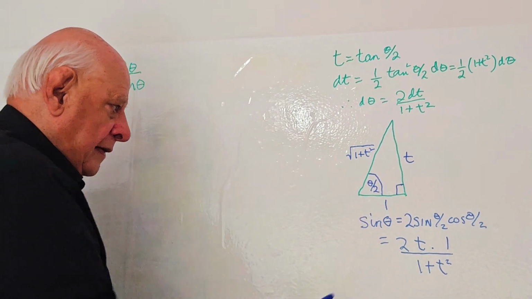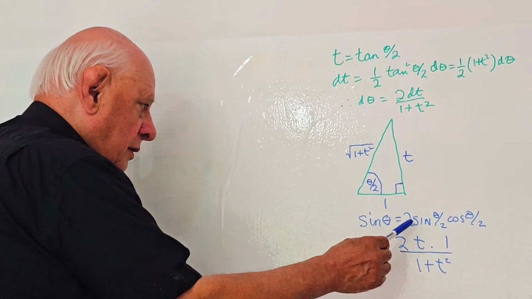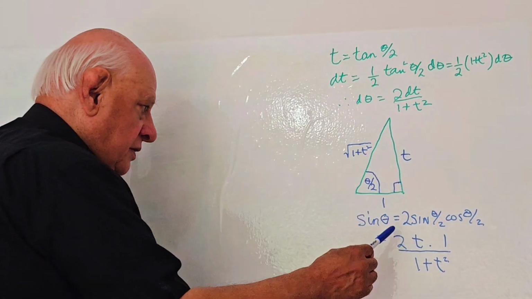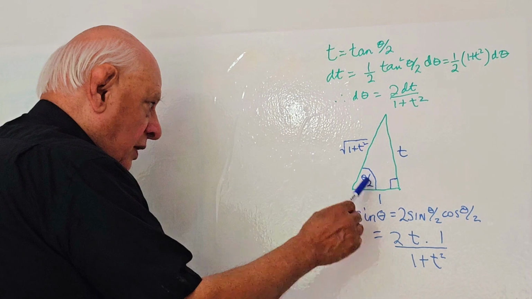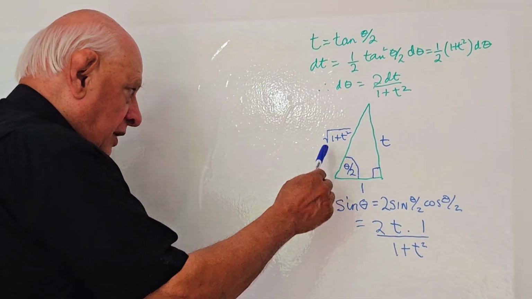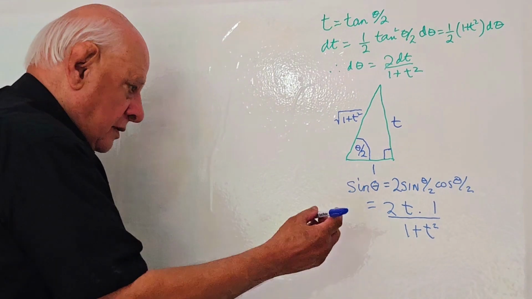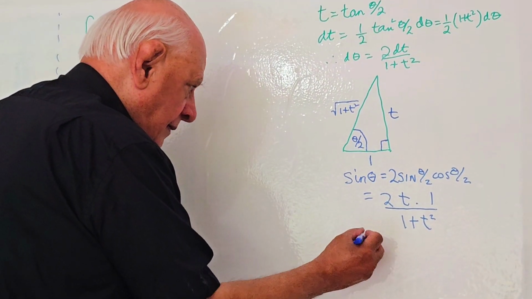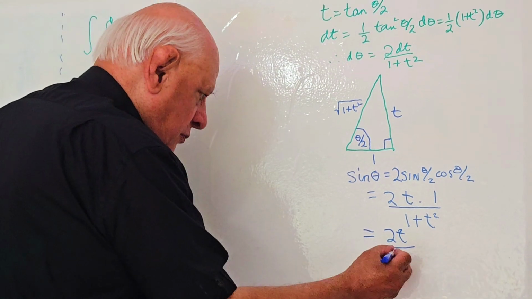From the triangle, sine theta upon 2 is t over the square root of 1 plus t squared. And cos theta upon 2 is 1 over that. You multiply the two square roots together, and so you're down to this, which I'll write here as 2t over 1 plus t squared.